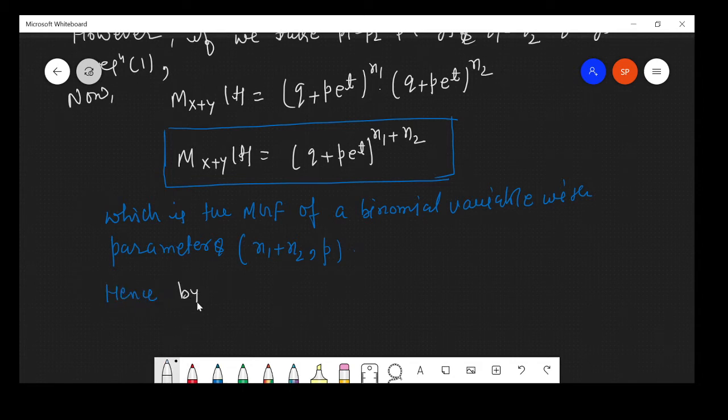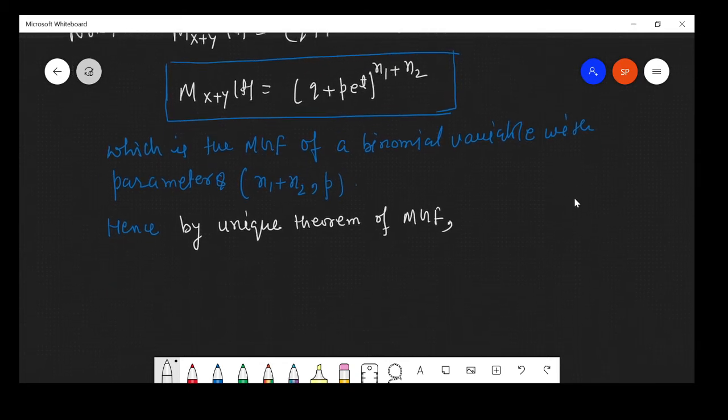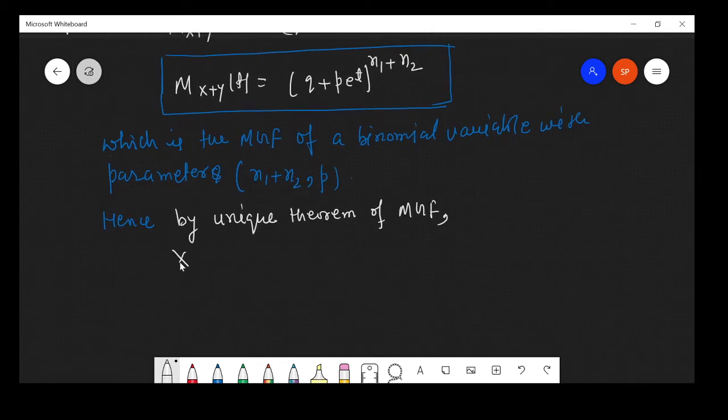Hence, by the uniqueness theorem of moment generating function, we can write that x plus y follows the binomial distribution with parameters n1 plus n2 comma p.